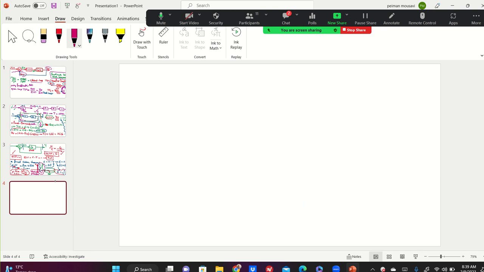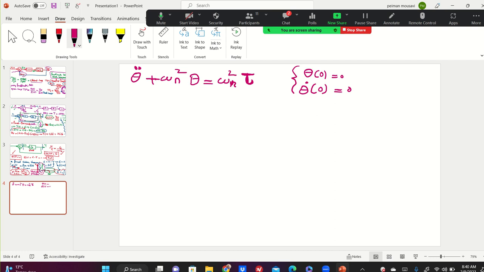Suppose that you have this differential equation: theta double dot plus omega n squared theta is equal to omega n squared tau. And I'm saying that theta at 0 is 0 and theta dot at 0 is 0. The initial values of these are 0.